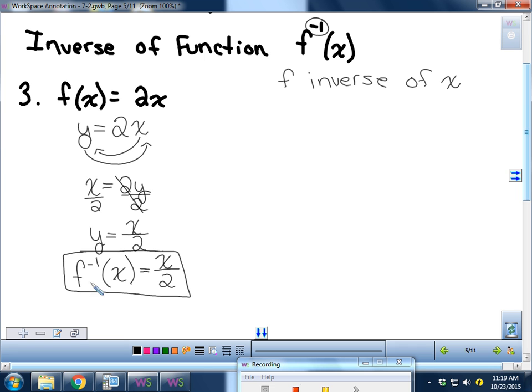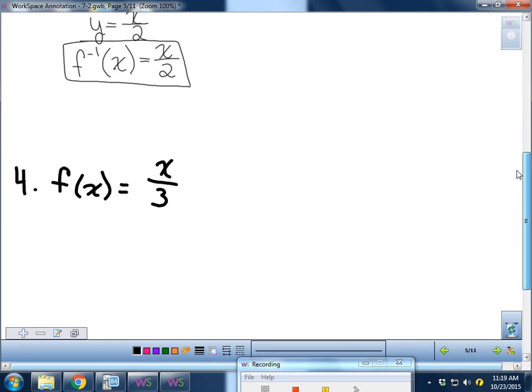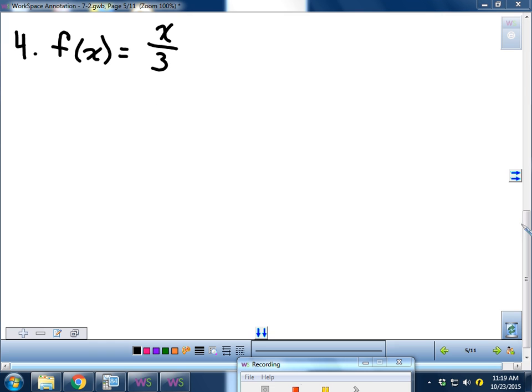Here we go. Let's do another one. Number 4, which I believe is your number 3. The very first thing we're going to do is replace this f of x with a y. So I have y equals x over 3.